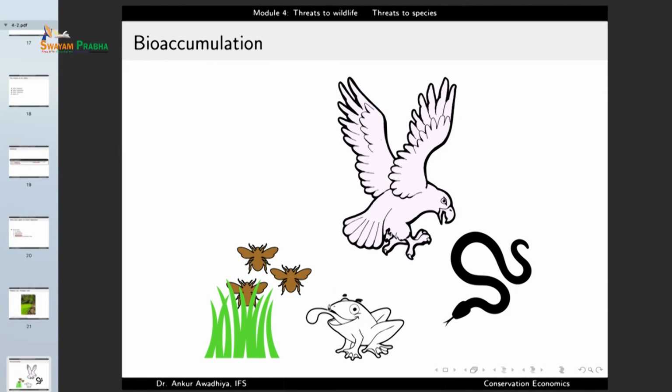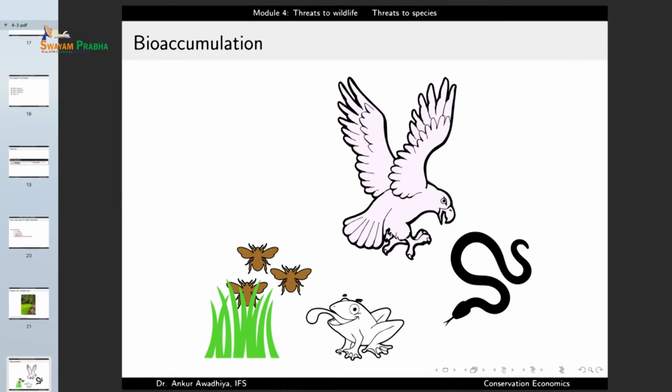One frog will be eating a large number of insects, and a large proportion of all the pesticides in the bodies of so many insects will get stored in the body of the frog. So the concentration of pesticides in the grass was very low. It was higher in the insects because one single insect was feeding on a large number of grasses. It is even more in the frogs because one frog is eating so many insects.